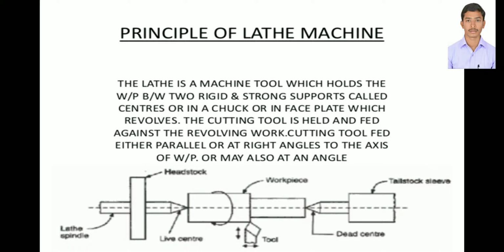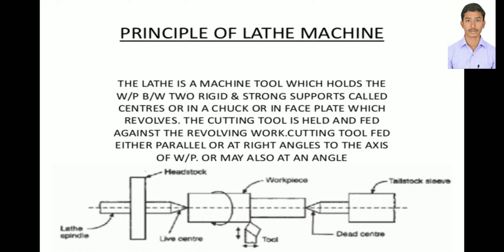The cutting tool is held and fed against the revolving work. The cutting tool is fed either parallel or at right angles to the axis of the workpiece, or may also be at an angle. So the workpiece should be rotated and the tool should be fixed on the lathe machine.